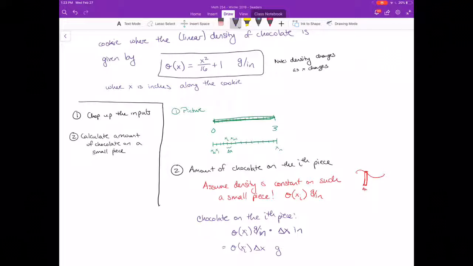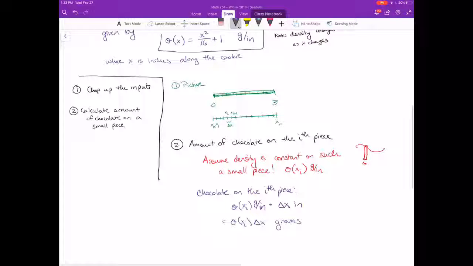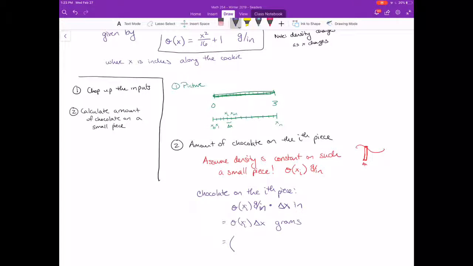So that gives me the density at x sub i times delta x grams of chocolate. In other words, I take that input, square it, divide it by 16, add 1, and then multiply it by delta x. And that's the amount of chocolate on the ith piece.